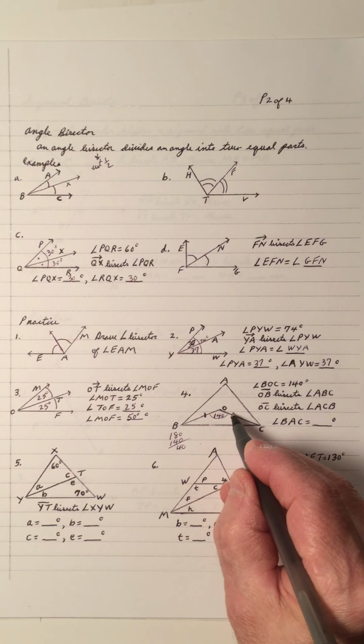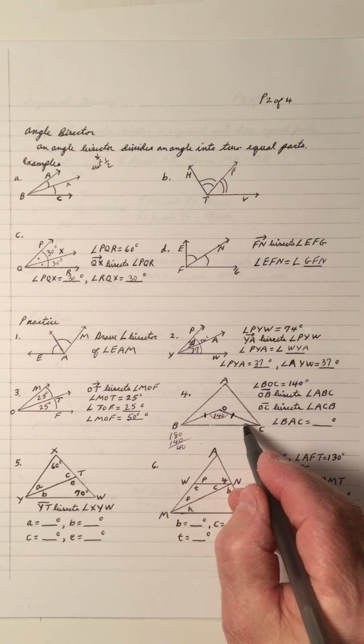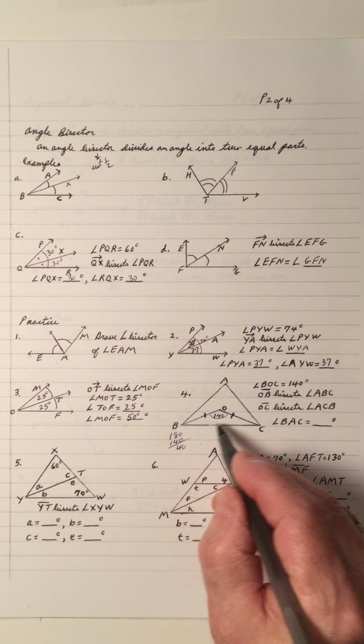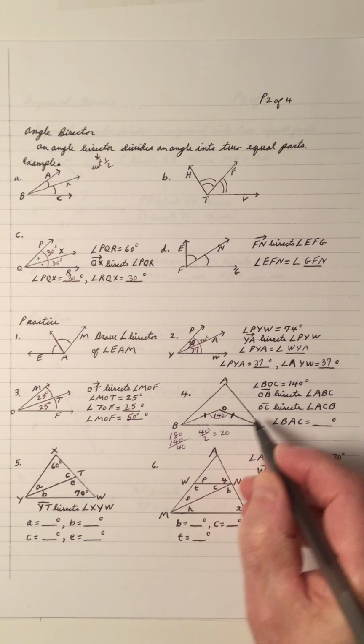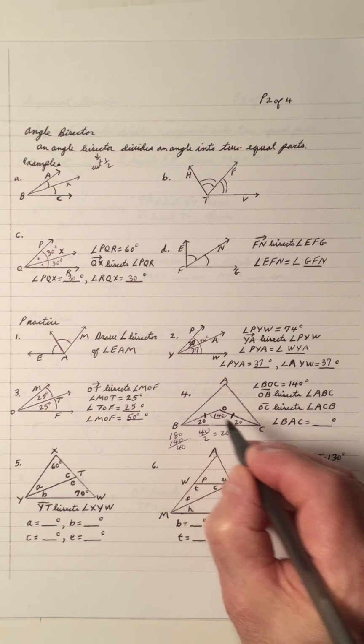But we know, because of the isosceles triangle, if two sides are equal, the angles opposite those sides are equal. That's the vertex angle right there. So these are the base angles. So 40 divided by 2 gives me 20. So that angle is 20, and that angle is 20. Now, I'm not putting degrees in, but that's 20 degrees.